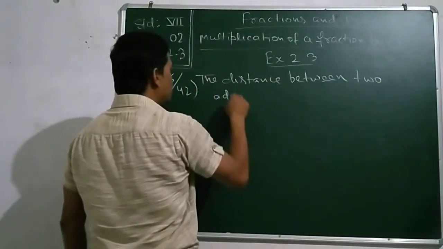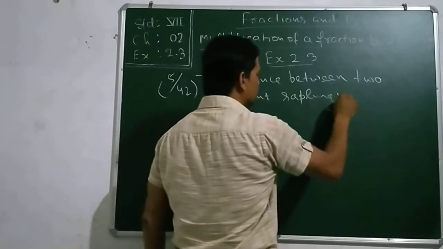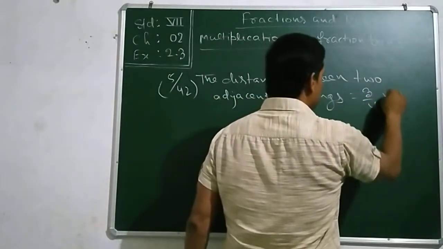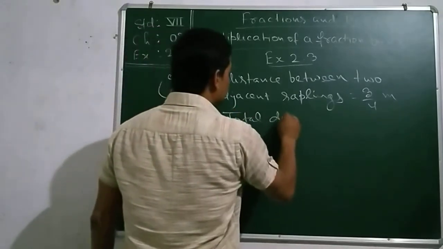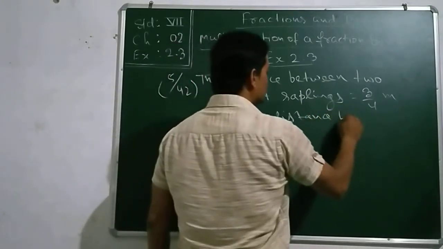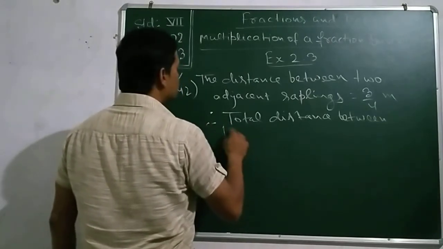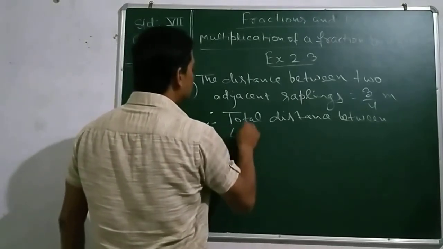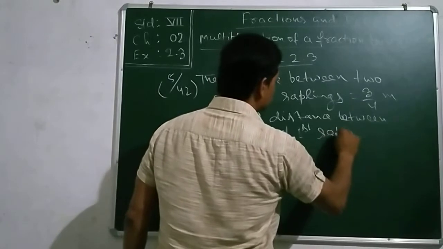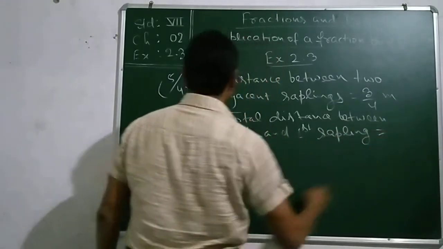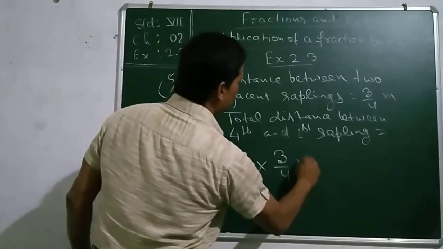The distance between two adjacent saplings equal to 3 by 4 meter. Therefore, total distance between the fourth and first sapling equal to 4 minus 1 into 3 by 4 meter.